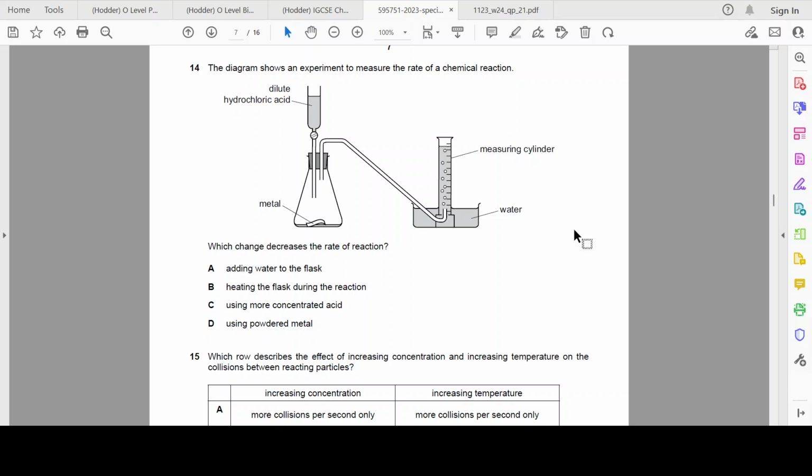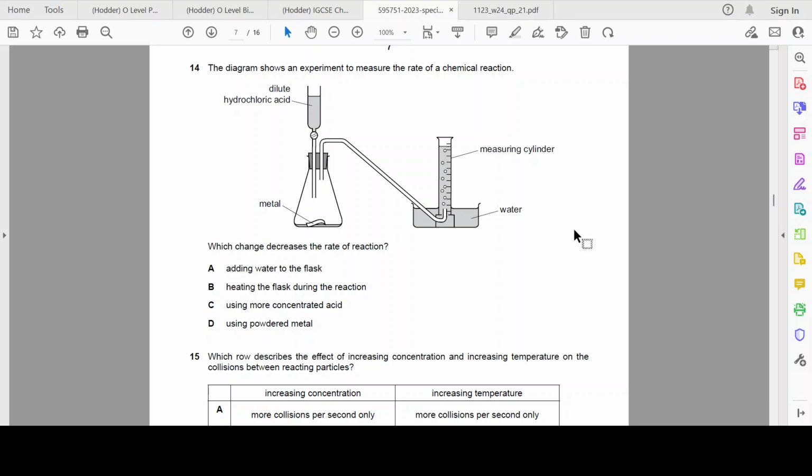Another reasoning: if it's a reactive metal, the metal will react with the water, so there'll be less of the metal available for the hydrochloric acid to react with. The third reasoning is what you said. If it's not a very reactive metal, and there's water in the flask when you drop in the dilute hydrochloric acid, it will become further dilute.